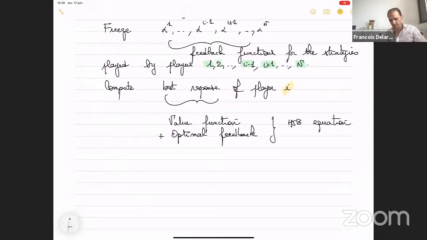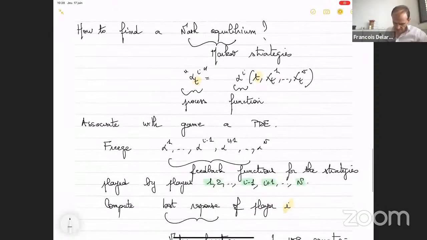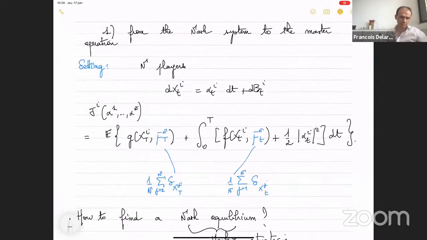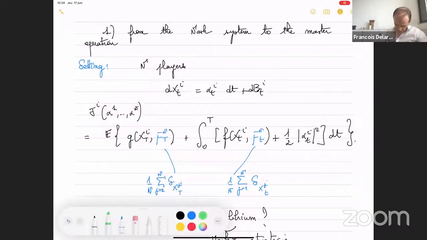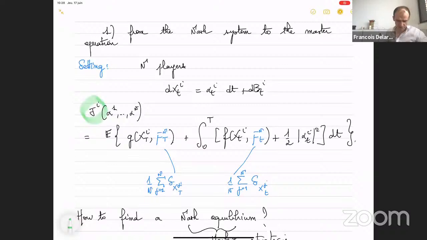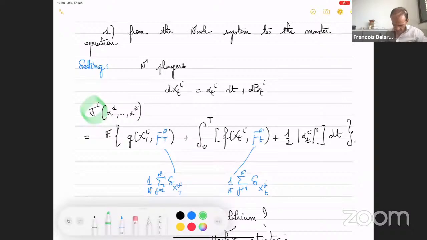So what should be the HJB equation? Let me write this properly. I know the dynamics of all the players except player I, and player I wants to minimize this cost functional, keeping in mind that all the other strategies have been fixed. And so I know that I will get a PDE for this.